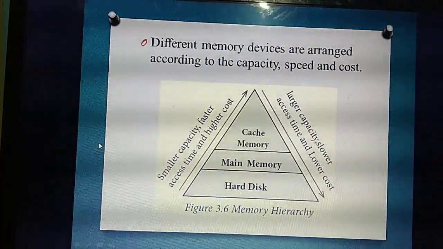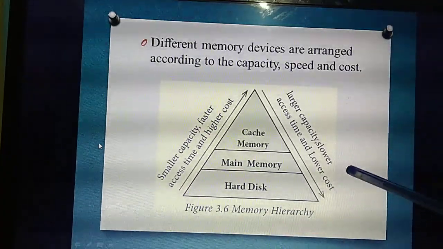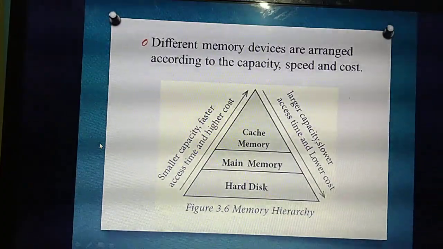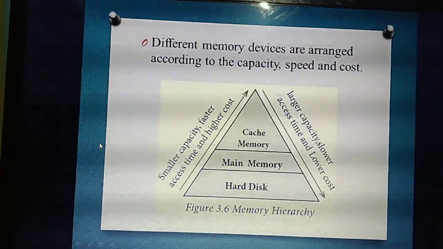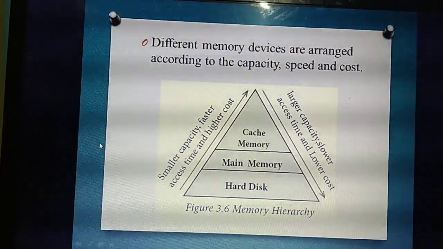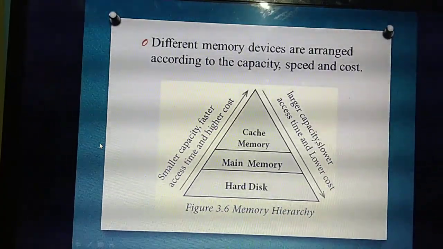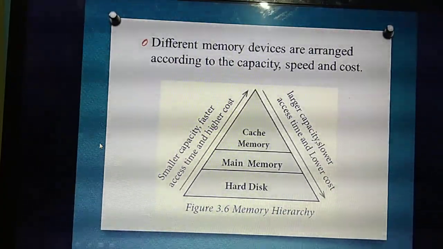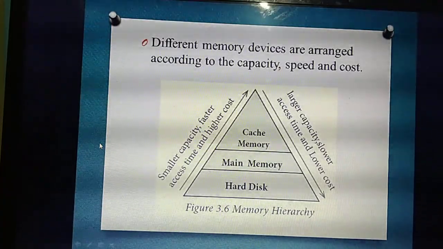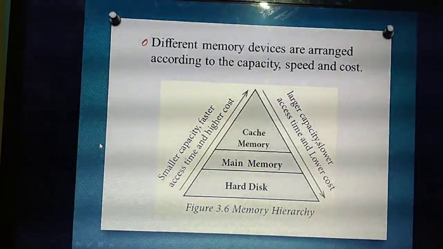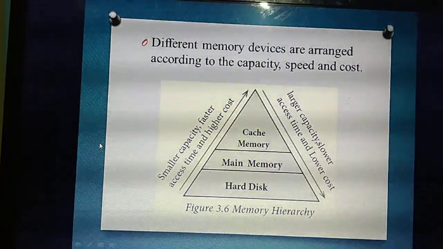Listen. Larger capacity devices have slower access time. For example, a particular device has a capacity of 20 GB. Is it easier to access a 2 GB file or a 20 GB file? A 2 GB file is easier to access. Likewise, if the capacity is higher, the access time is slower and the cost is very low.